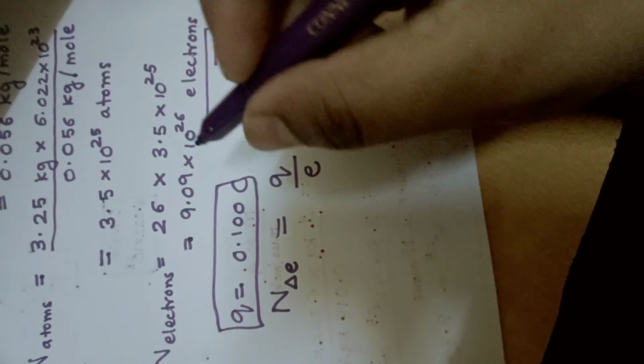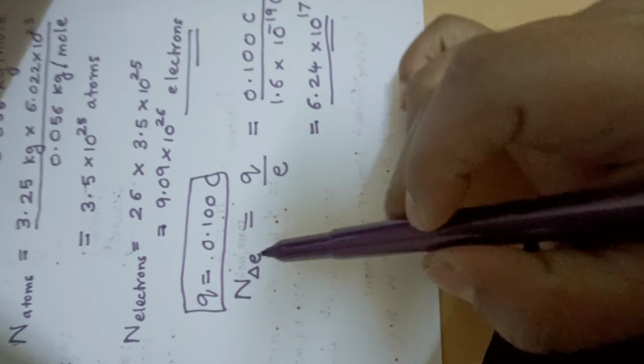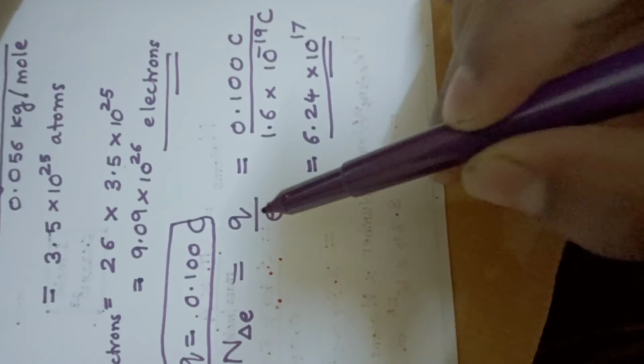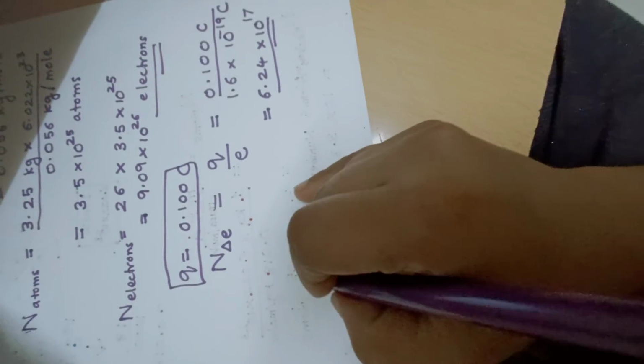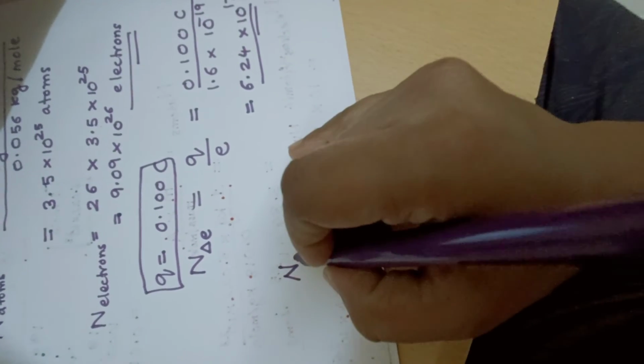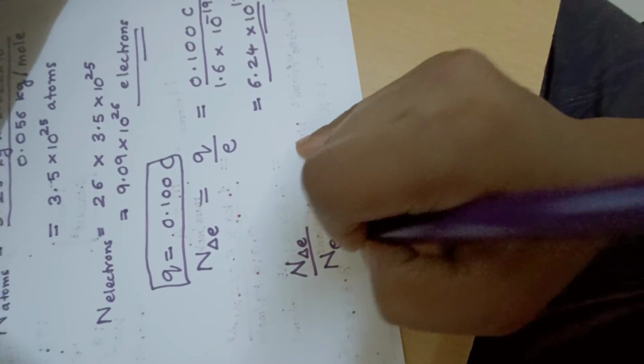So we have the total number of electrons, this, and the electrons which are lost for getting this particular charge, that is this. Now let's find the fraction of electrons. The question is asked to find the fraction of electrons.